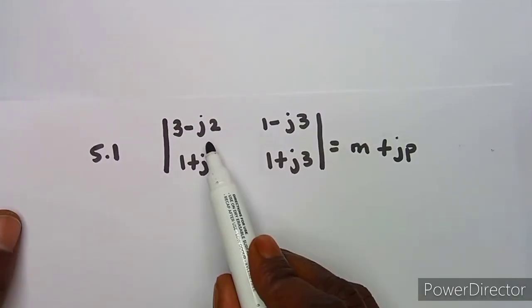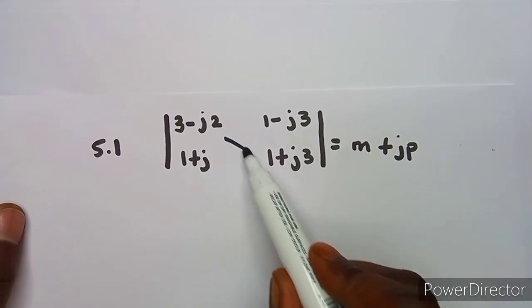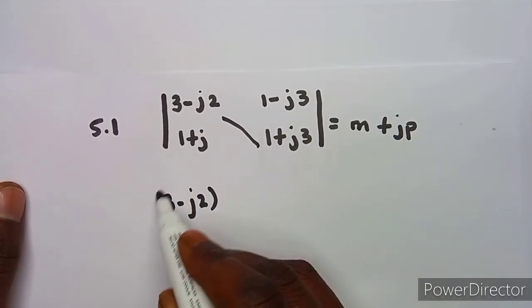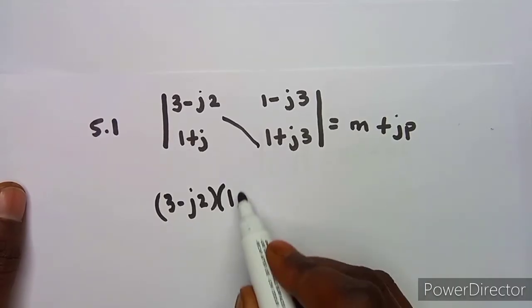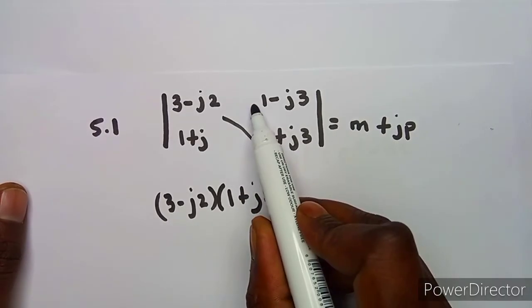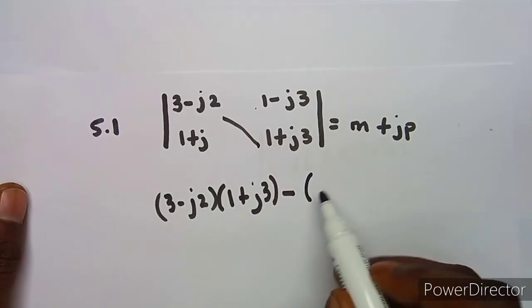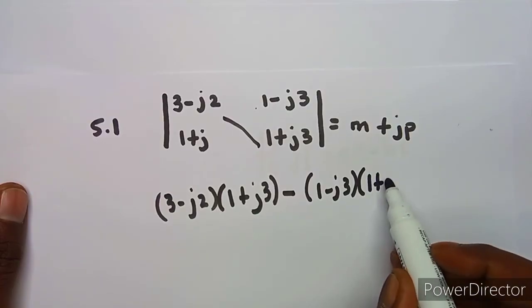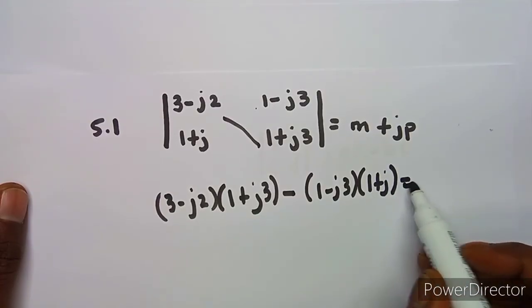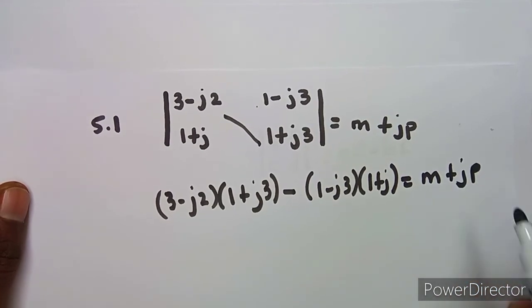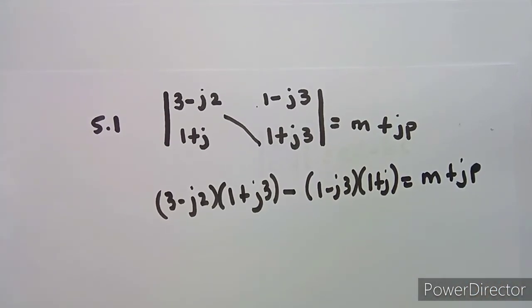So this is our A, our D. So we're going to multiply these two together. 3 minus J2, that's A times D, which is 1 plus J3, minus this part here, which is 1 minus J3 into 1 plus J. Whatever that we get, we are going to equate to M plus JP. Remember, it's an equation, so you have to write is equal to.